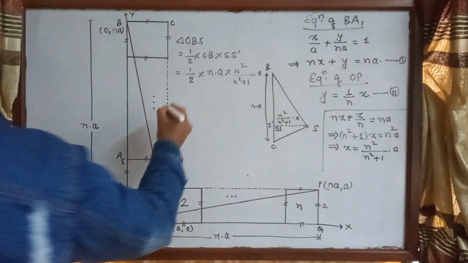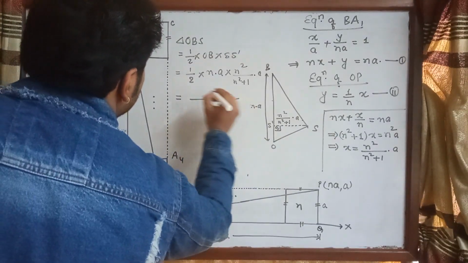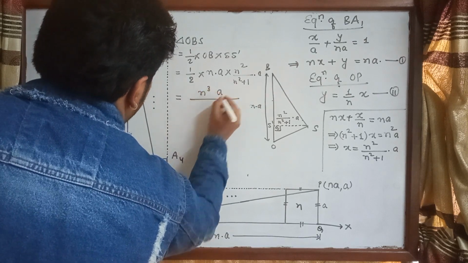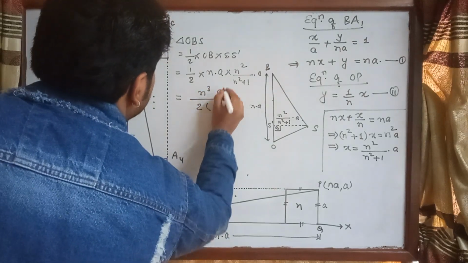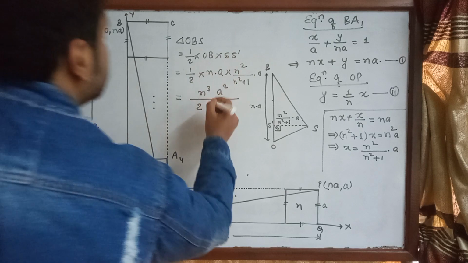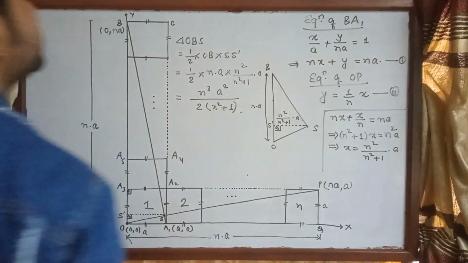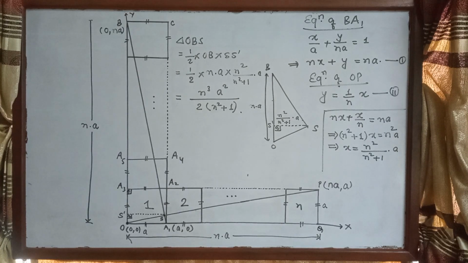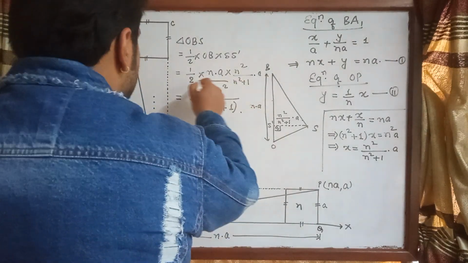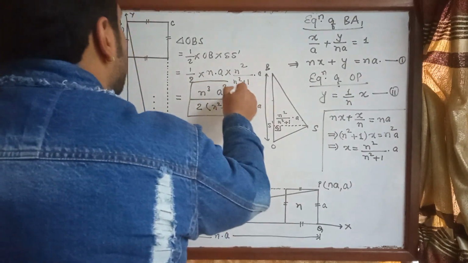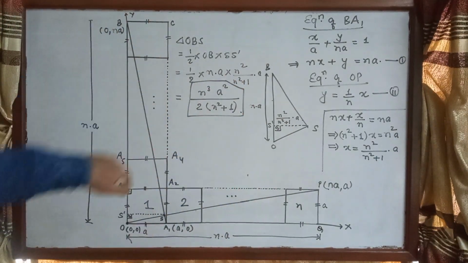If we simplify this, it reduces to n cubed a squared over 2 times n squared plus 1, which is the required area of triangle OBS.